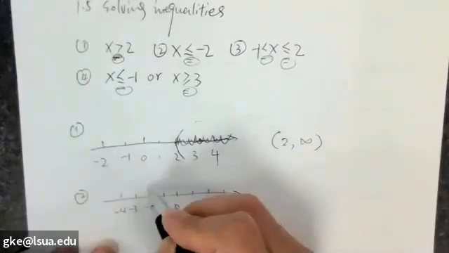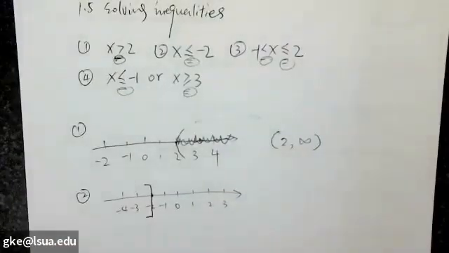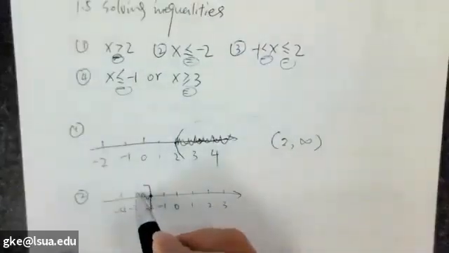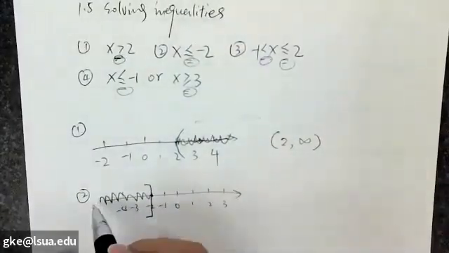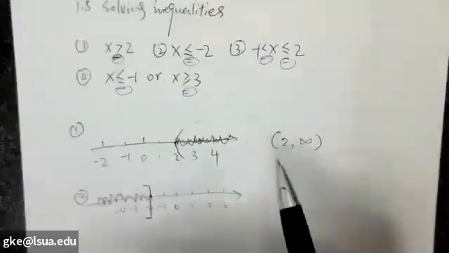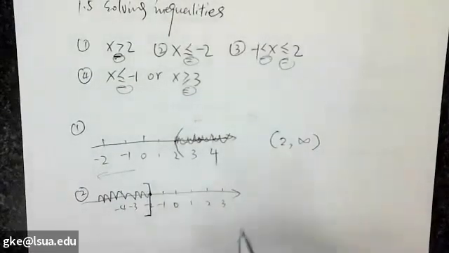So that means we use a square bracket. And since it's less than or equal to, it should be in this direction on the x-axis.